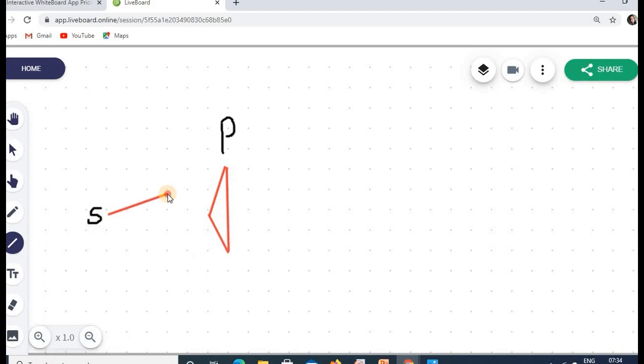I have one ray hitting one portion of the biprism, and another ray hitting the symmetrically opposite end. This is the prism here. One more thing I have to draw: there is a screen kept here.